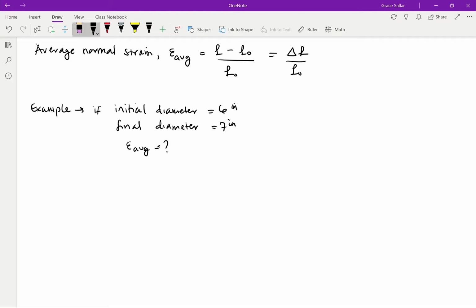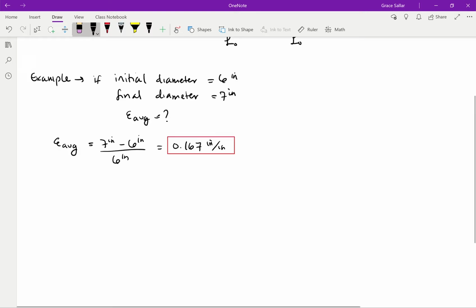Simple, right? We've just talked about this. You just do 7 inches minus 6 inches over 6 inches, which gives us 0.167 inch per inch. And that's our final answer. That's as simple as that.